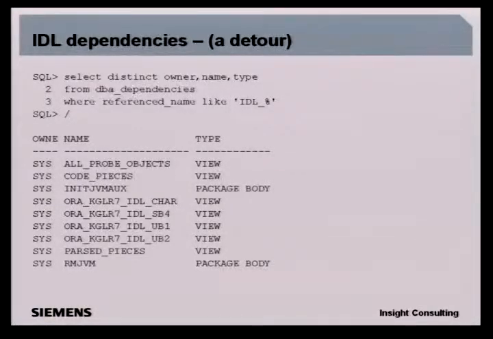I've just done that for the IDL tables, and you find that all of these objects actually use the IDL tables for something. Some of them are views, for instance, for looking at the size of the PLSQL that's in the database, so people who are interested in tuning and sizing would look at this. But it's quite interesting that, for instance, INIT_JVM_ORGS uses it, which is the Java virtual machine.